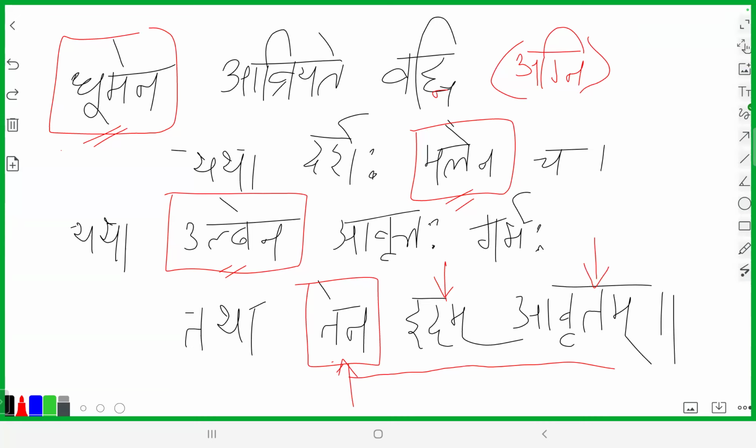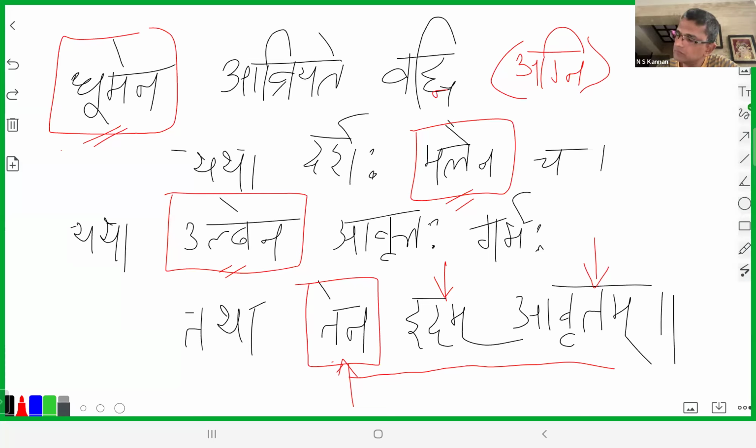Obviously, what is idam and tena? They are both pronouns, so they stand for something which this shloka is not talking about. If you want to understand what tena and idam stand for, you have to read behind. So something is covered by that.